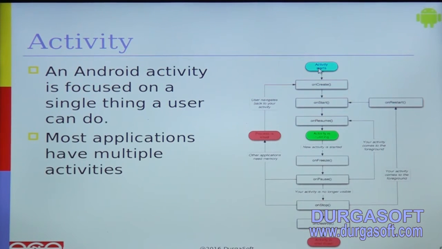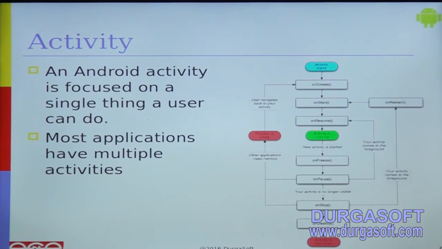When an activity starts, it immediately goes to the onCreate state. onCreate is nothing but a method. So it goes to onCreate, and then gets called into onStart, which means the very first method tells you that an activity is created, and the second one tells you that now the activity just got started, and then it goes into onResume.